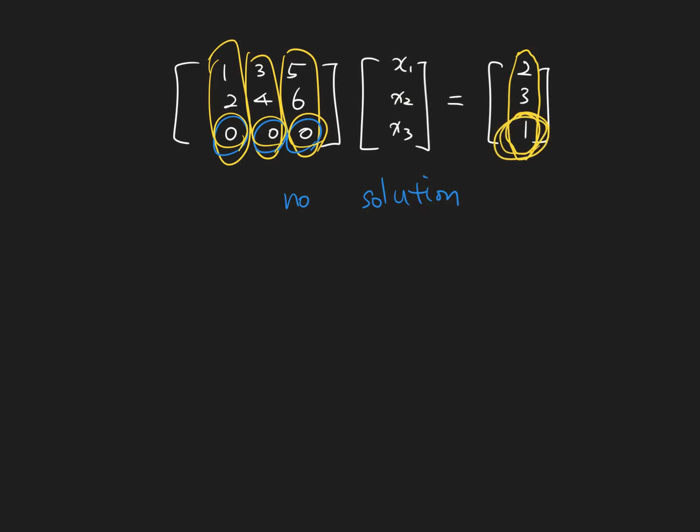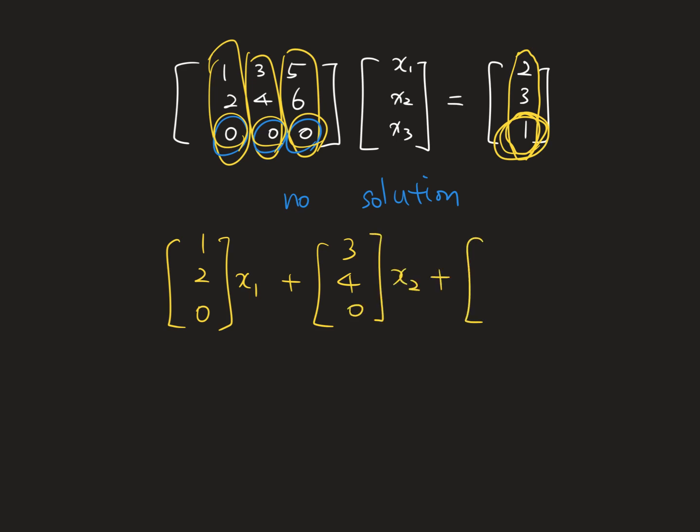So if I write down all the process, (1, 2, 0) times x1 and (3, 4, 0) times x2 and (5, 6, 0) times x3 equals (2, 3, 1).